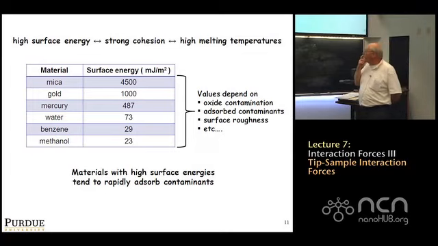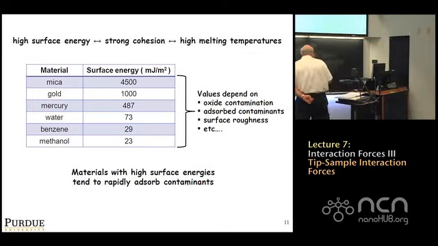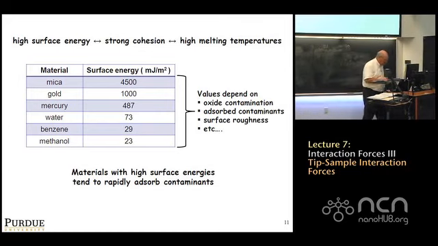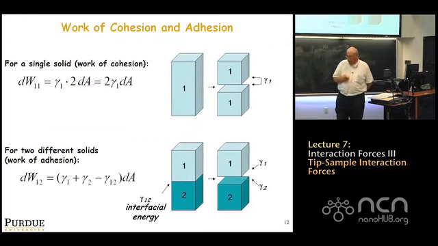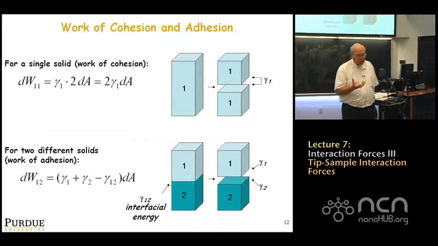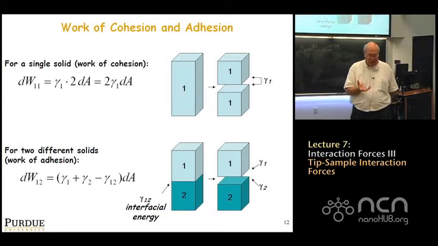So, all I'm trying to do is say that there's this thing called a surface energy. It's well defined, right? And it allows you to start thinking about these van der Waals forces in a different light.